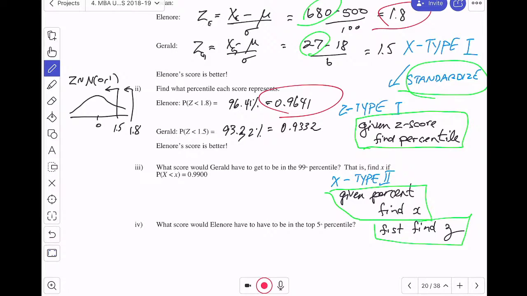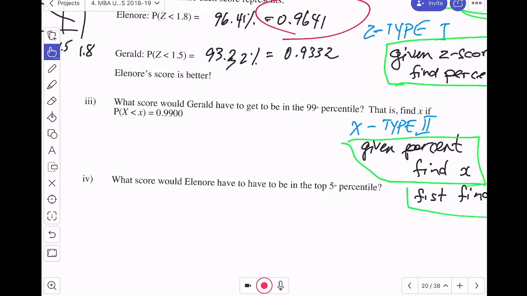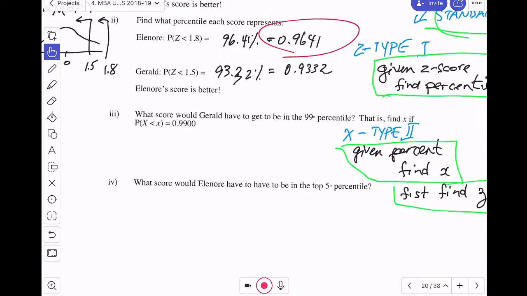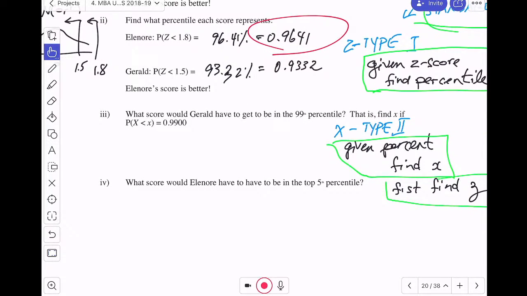I sometimes call it Z because Canadians call it Z. So the Z score first, and then we will find X. This is going to be our approach. This is called a backward problem, or a Z type 2 problem.